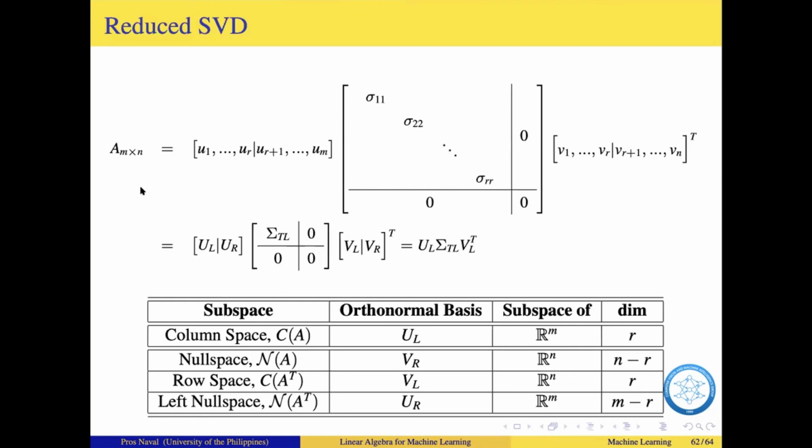So now you can simplify this into the reduced SVD: U left, sigma top left, and V left transpose.